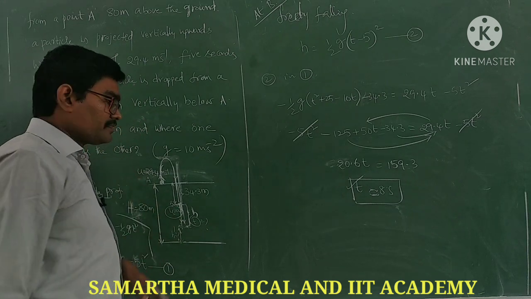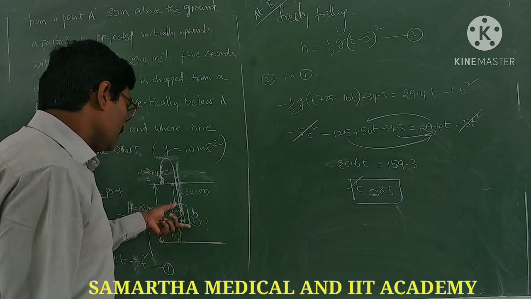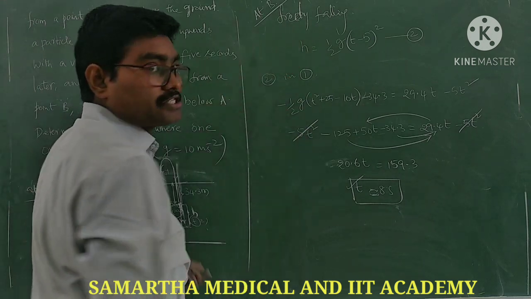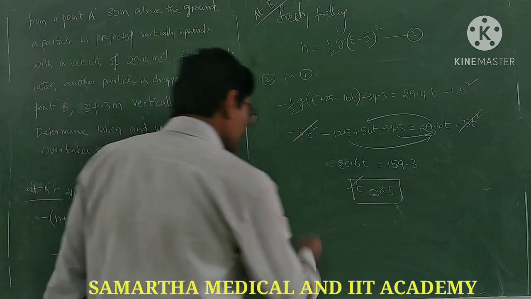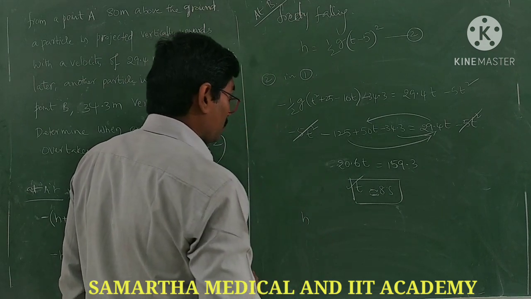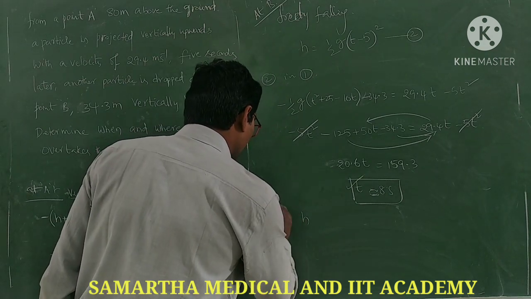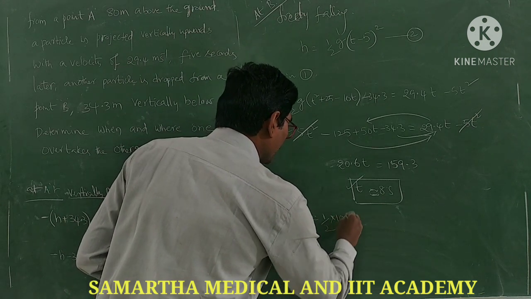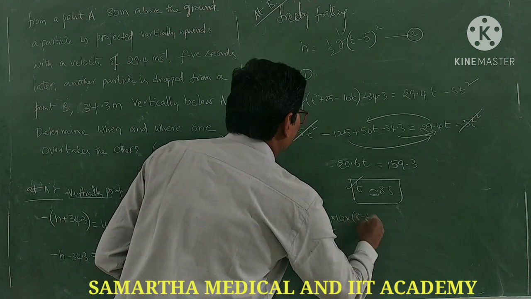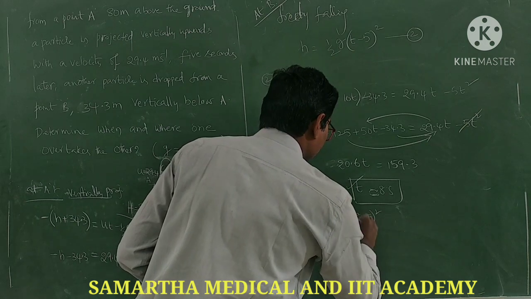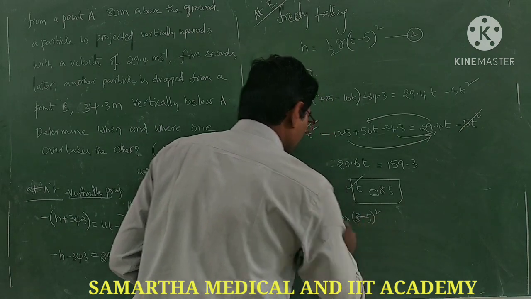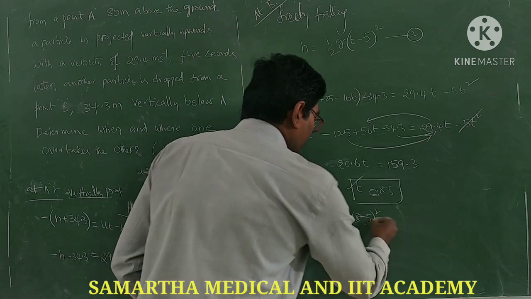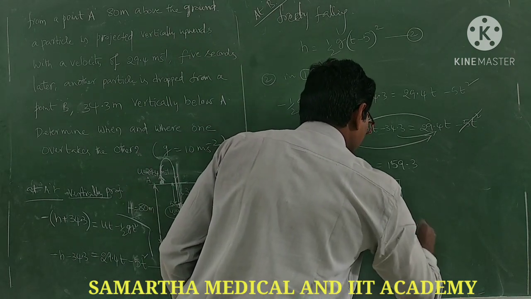Correct? Okay, so to calculate this small h for the freely falling body, substitute in the second equation. From equation 2, h equal to half g t square. Half g is 5, t is 8 minus 5, whole square. 5 into 3 square, 9, 45 meter.